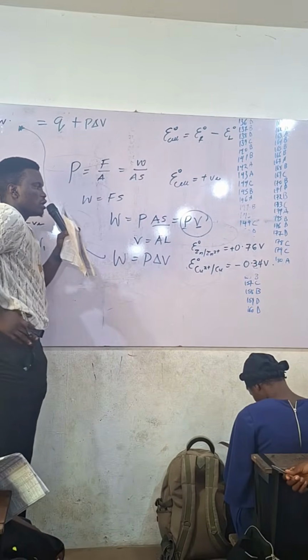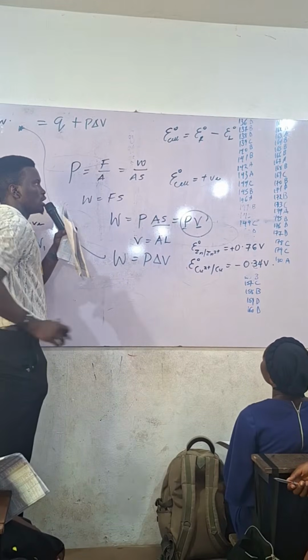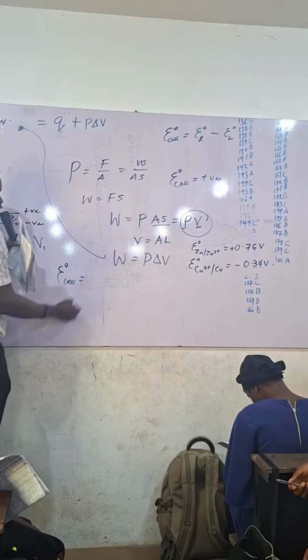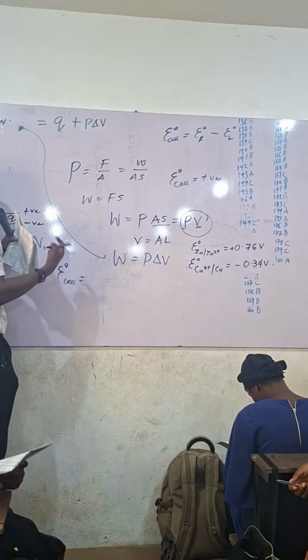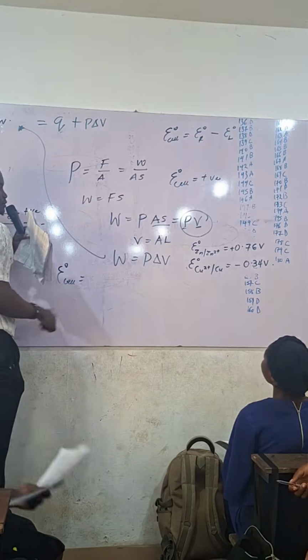Now, if I want to do my calculations, I'm going to say that the E naught of the cell is going to be E naught right minus E naught left.